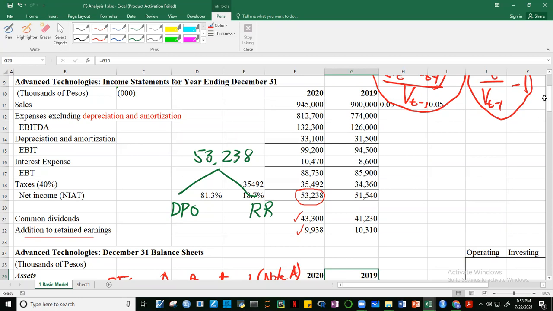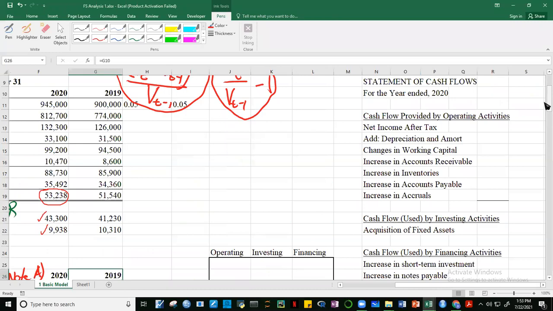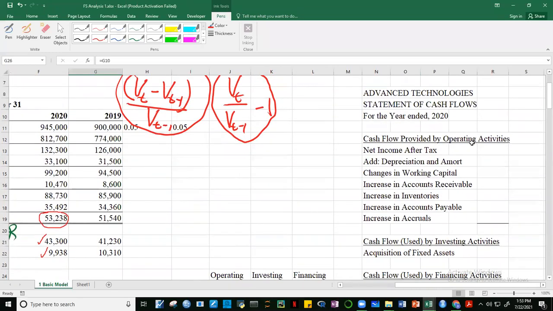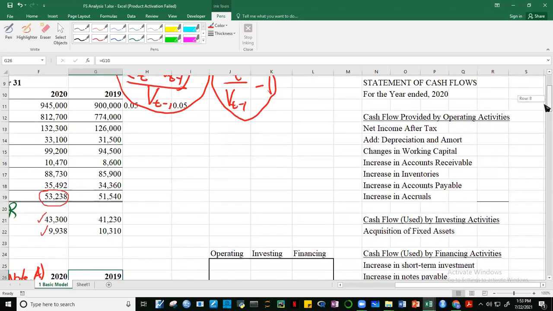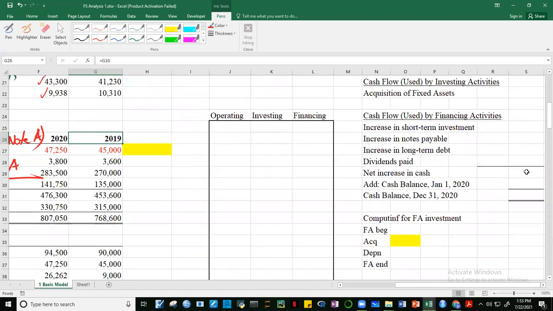Okay, so how do we construct our statement of cash flows? I already gave here the pro forma, the template. You notice that there are 3 activities here: cash flow from operating, cash flow from investing, and cash flow from financing. And then we compute here yung net increase in cash.